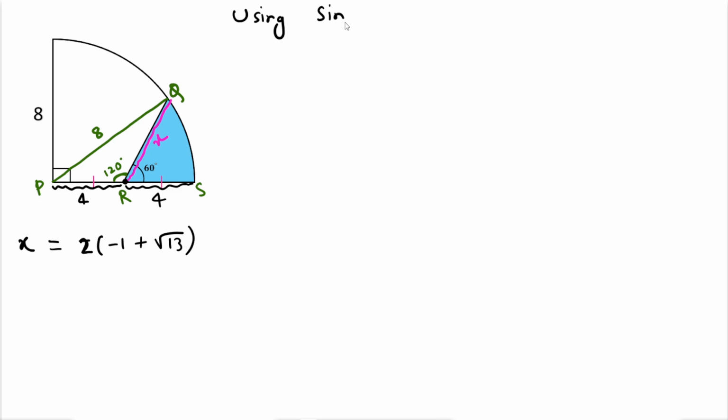using sine law in this figure, that is PQR, we can write here sine, if we consider this angle as alpha, so we can write sine alpha by x is equal to sine 120 degree divided by 8.